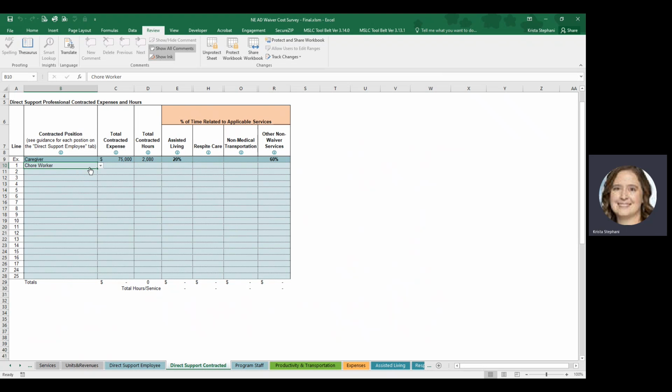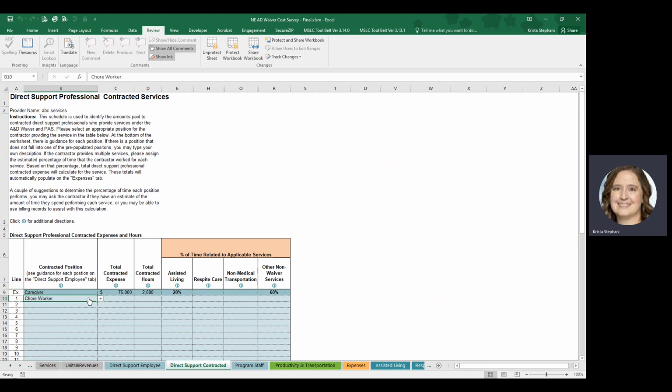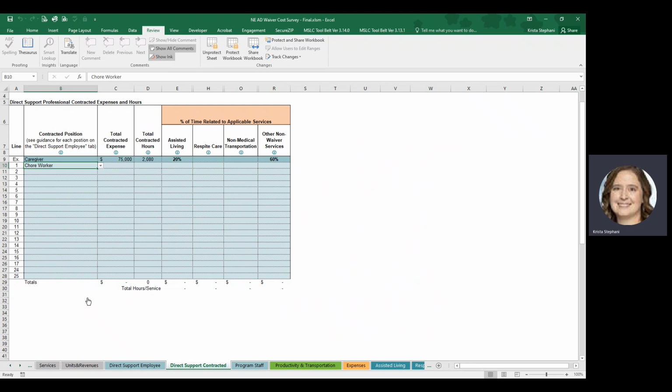Please complete this information by position. You do not have to complete it by individual contracted position. So if you had more than one contracted chore worker, you will complete this information as a total for the contracted services.